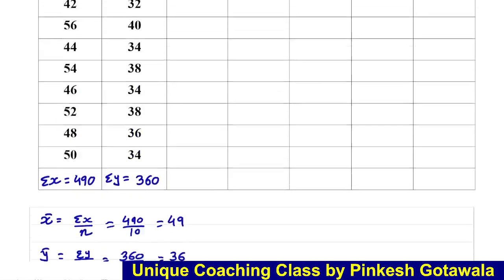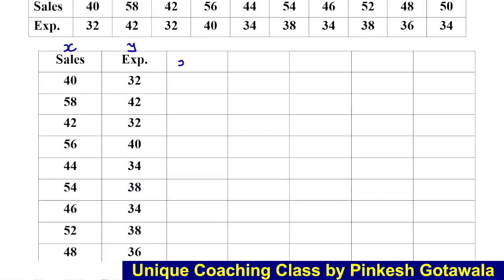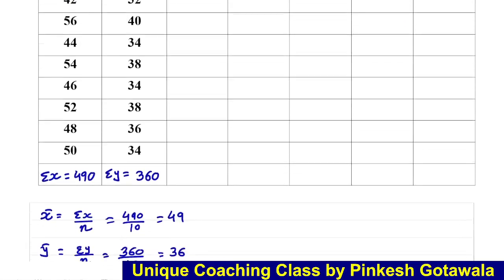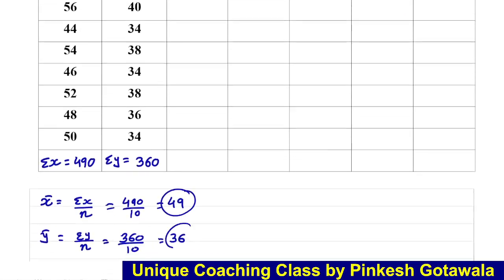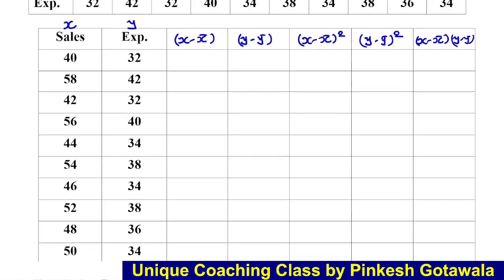Just for that, 5 columns: x minus x bar, y minus y bar, x minus x bar square, y minus y bar square, and multiplication. And here x bar is 49, y bar is 36.